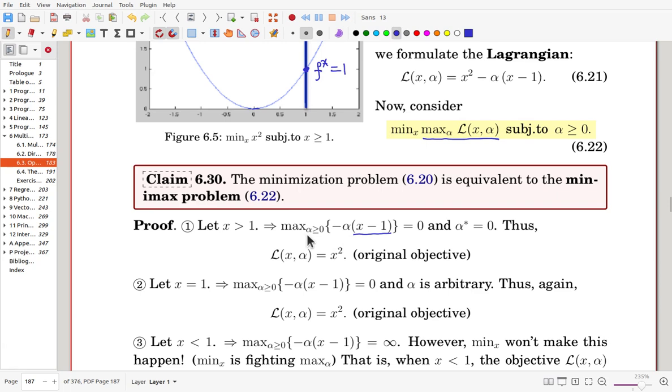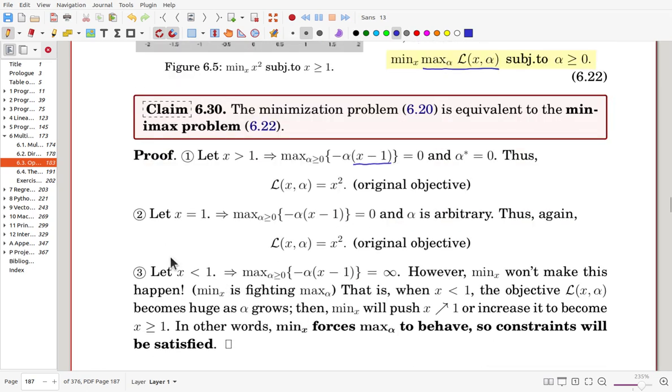So the maximum value must be 0 when alpha is 0, and the Lagrangian becomes the original objective function. When x is 1, this is 0, so for arbitrary choice of alpha, this value is always 0, and the Lagrangian becomes again the original objective function.